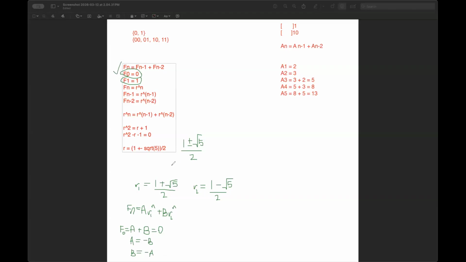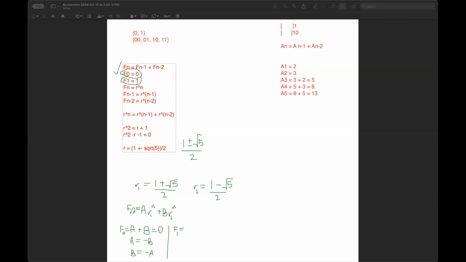So now we're going to do f1 is equal to 1. So we've got f1 over here, and we're plugging in 1, which in this case is n, right?